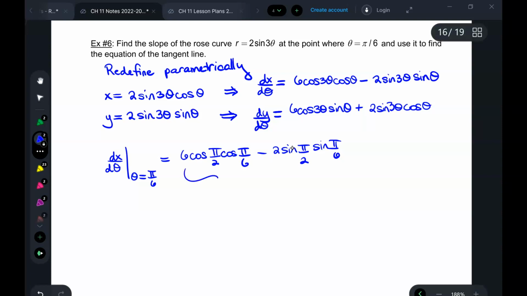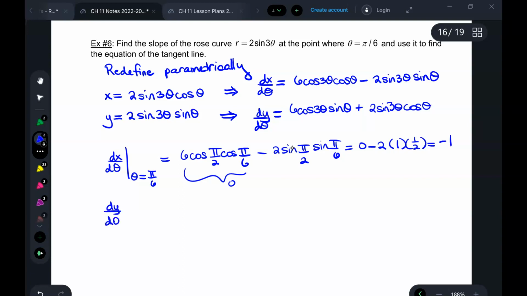But we know this is all just going to become 0. And this is going to become 0 minus 2. Sine of pi over 2 is 1, and sine of pi over 6 is a half. So I just get negative 1.